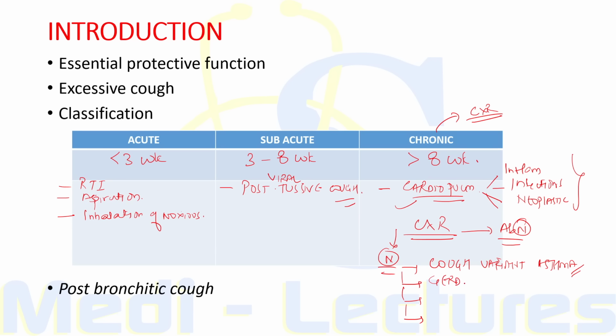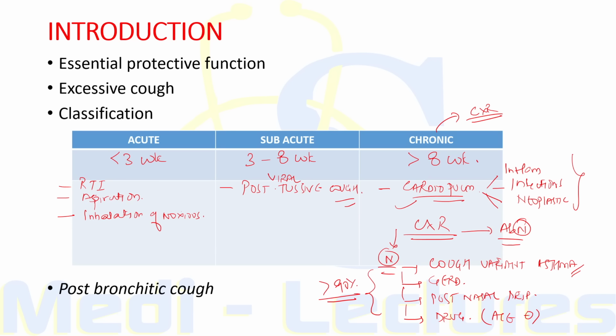Then gastroesophageal reflux disease, post nasal drip can also lead to chronic cough with normal radiograph. And drug induced cough, the most common drugs which you all know is ACE inhibitor. So these four conditions are responsible for more than 90% of the patients of chronic cough which are having normal chest radiograph.